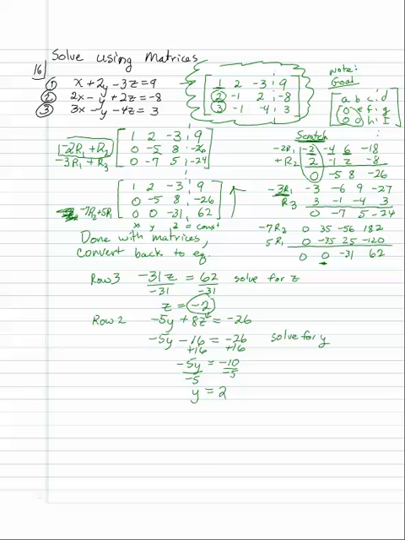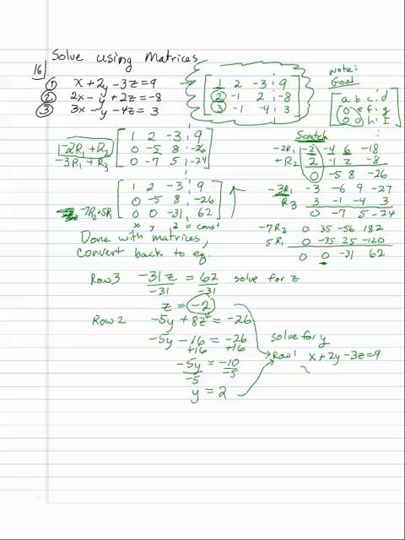y equals 2. And then you're going to take row 1, which is 1x plus 2y minus 3z equals 9, and we're going to plug in the results from both of those.